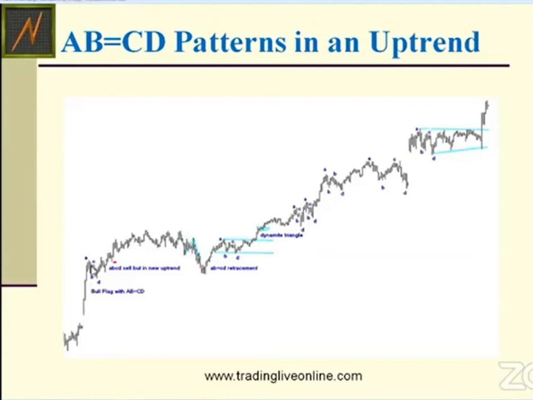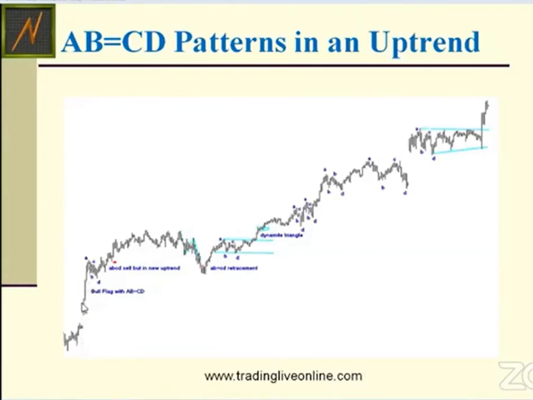Okay, so up here, I mentioned that the ABCD is part of flags. And here's an example of a bull flag ABCD pattern, quite common to see these. Now, the advantage of working with the ABCD within a trending environment is that many times these will give you measured move targets.